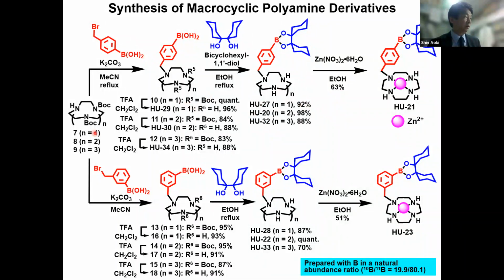We carried out the synthesis of this compound from 9-membered ring, 12-membered ring, and 15-membered ring macrocyclic compounds, and I introduced this boronobenzoyl group to give this compound, and the boron ester unit was protected with this bicyclic 1,1-diol to obtain a hydrophobic compound. After that, the Boc group was protected, and finally, zinc.